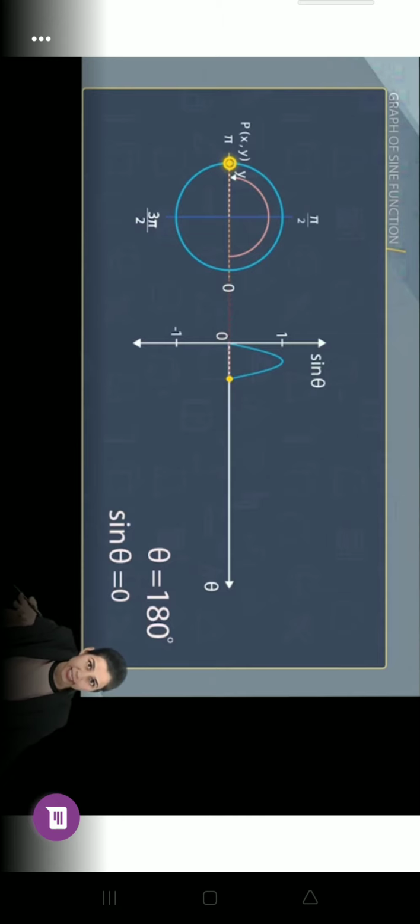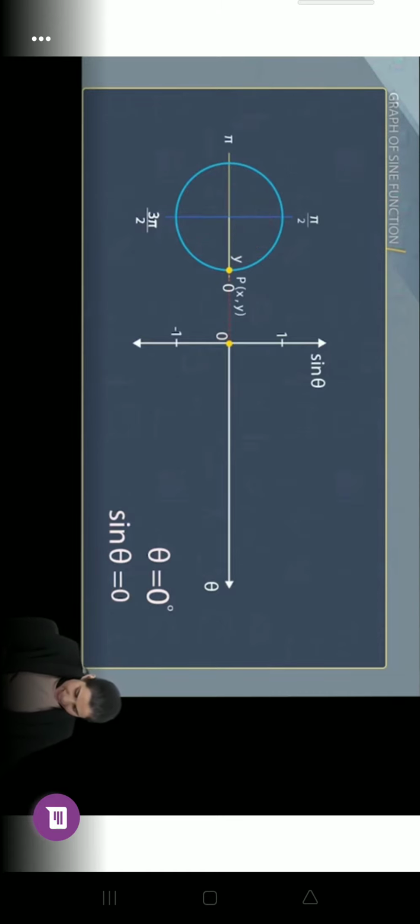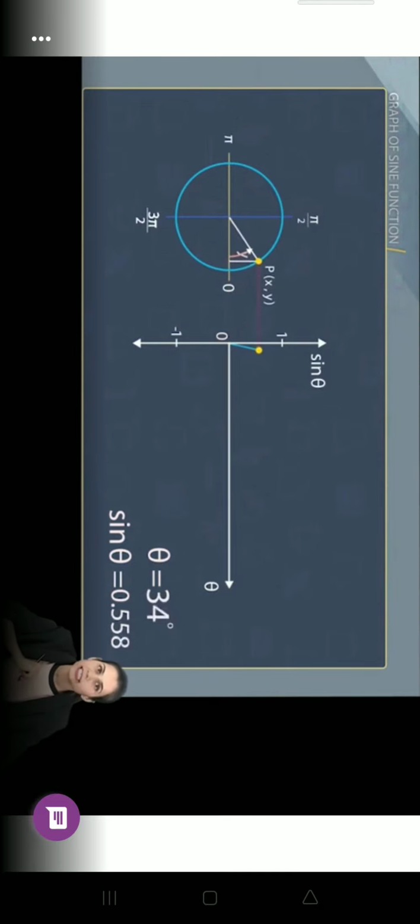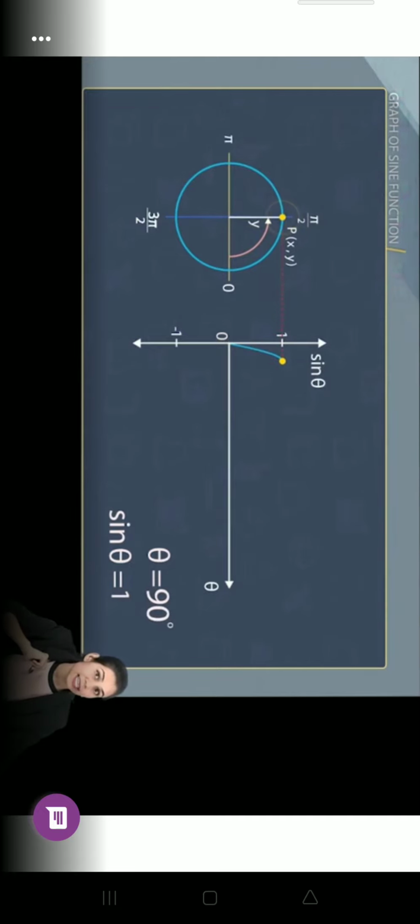At theta equals pi by 2, sine theta is 1. And also, when theta is equal to pi, sine theta is again 0. Moreover, when theta is strictly sandwiched between 0 and pi, sine theta is strictly positive.